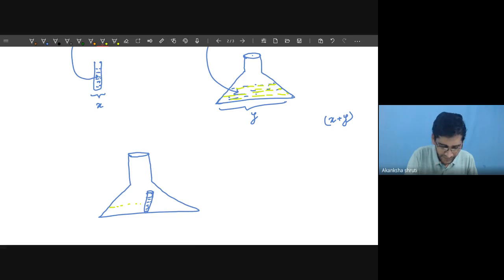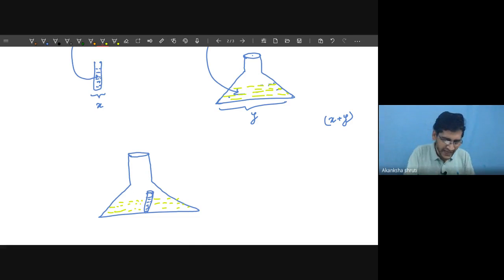Okay, student. So the chemical in the conical flask is initially not mixed. So let us take both in such a way. Means it is carefully placed.